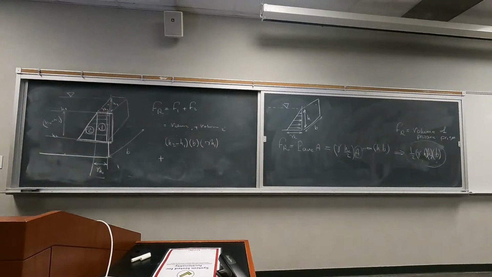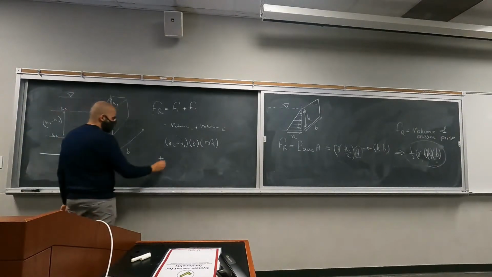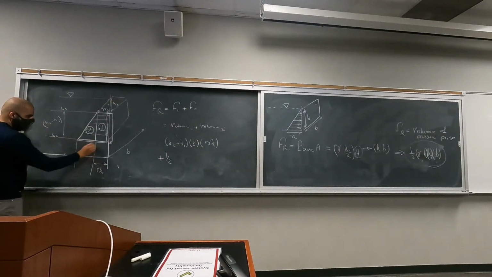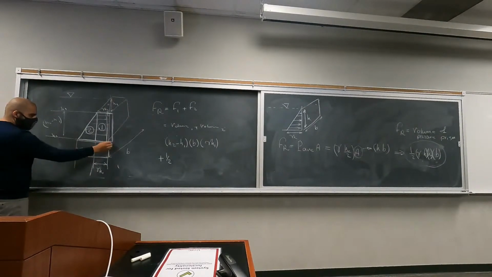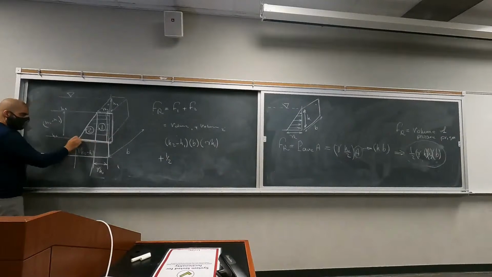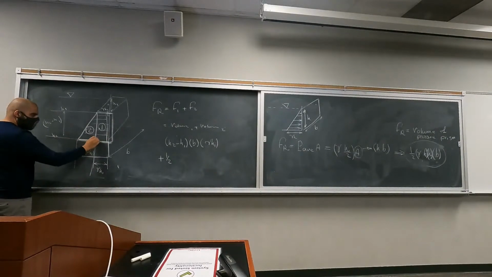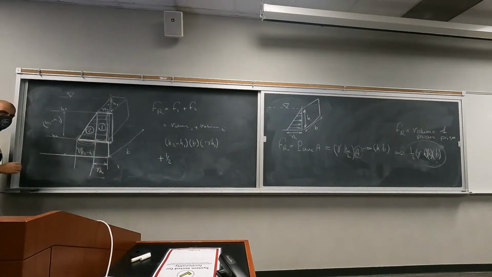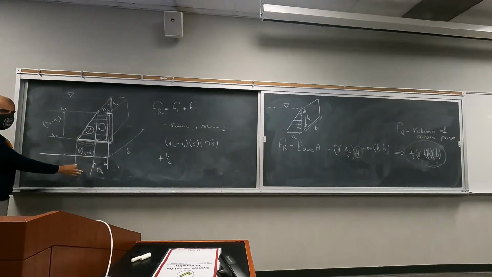Then plus the volume of the next part, the prism part, which is going to be 1/2 times this length. This length is gamma times (H2 minus H1). The pressure here is gamma H2, and we have to remove this length from it, which is gamma H1. So eventually for this length you'll end up with gamma (H2 minus H1). Does this make sense?